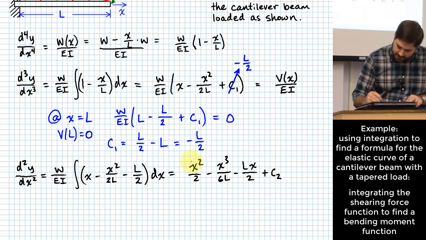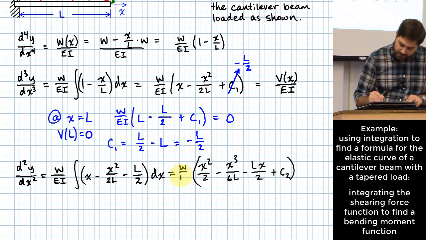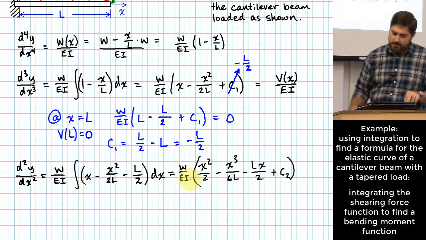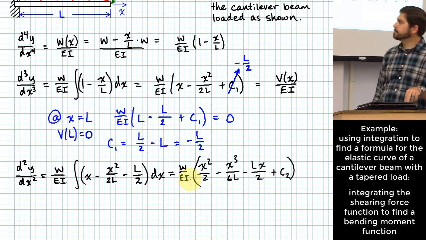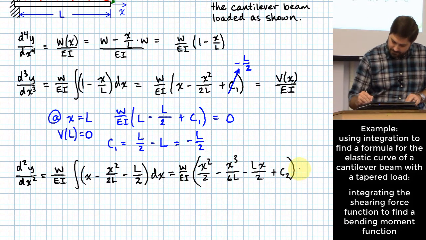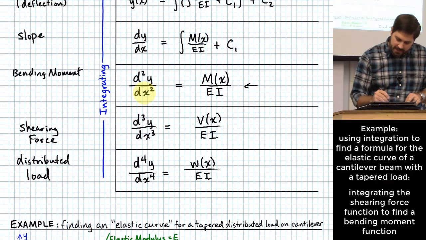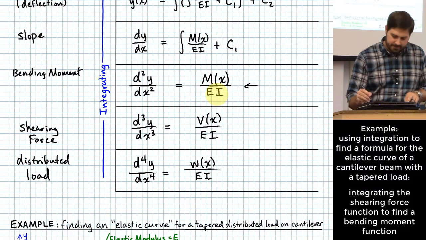And actually, to make this correct, I need to pull over my W over EI as well, right? So what is this equal to? That second derivative of y with respect to x was M of x over EI.